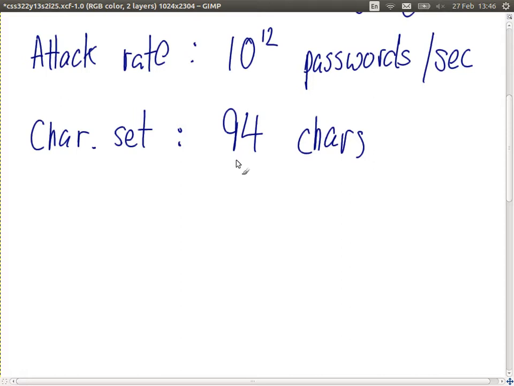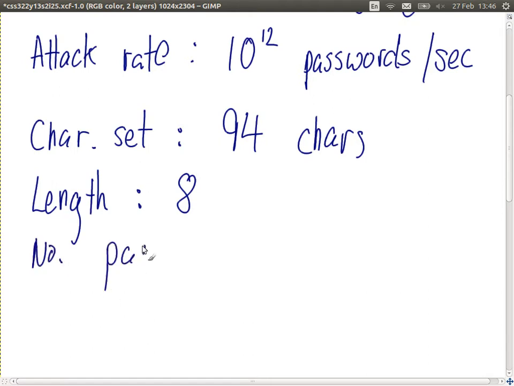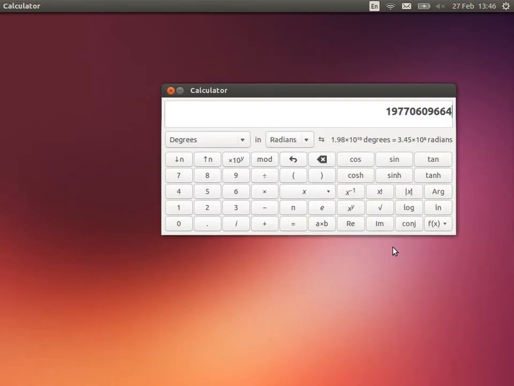Let's try. Let's say I set the length to 8. Then the number of passwords is 94 to the power of 8 in this case, which is approximately, what? 94 to the power of 8.